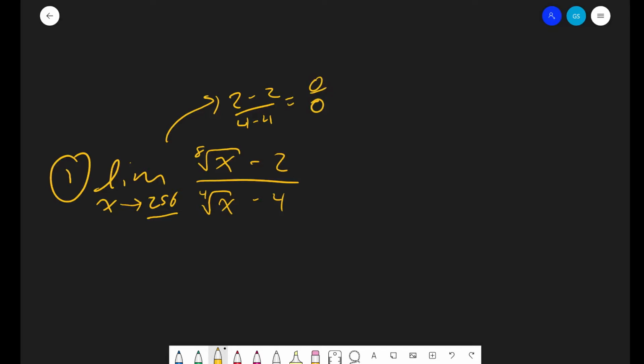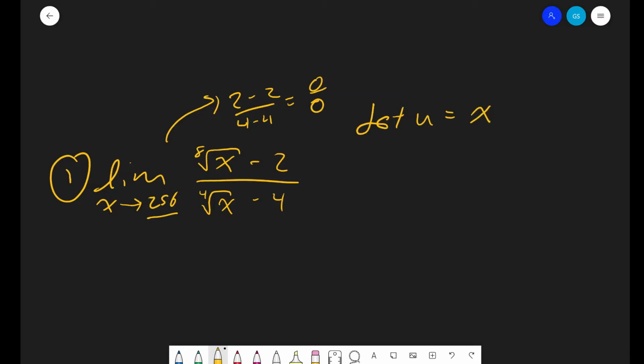Whenever you see a root greater than 2, so if you have a cube root and so on, then you might have to do some variable changing. Here's what I mean. We're going to say let u equal x to the something.